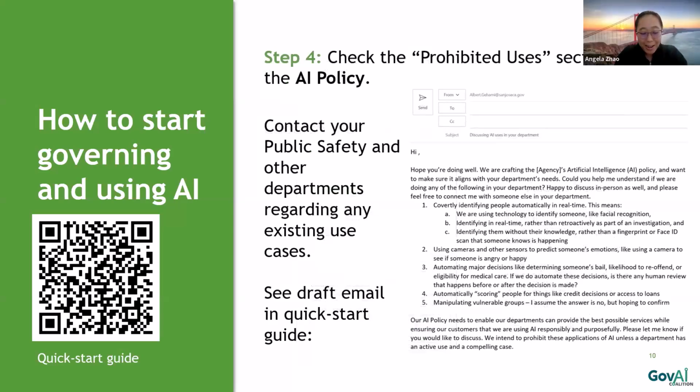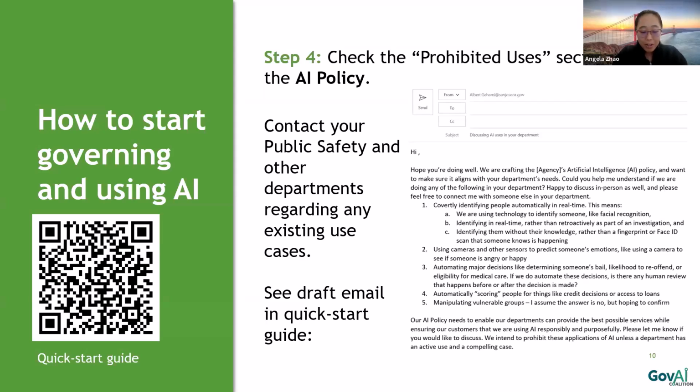Thank you, Layla. We really want to emphasize that it's important to align the departments in your agency on the use of AI before finalizing the prohibited uses section, because we want to ensure that this section doesn't cover existing or future use cases that are approved by your departments or the agency as a whole.